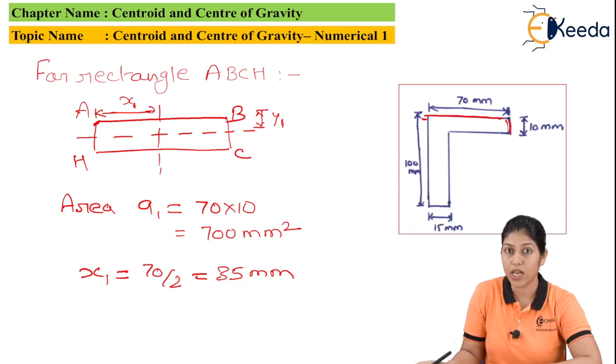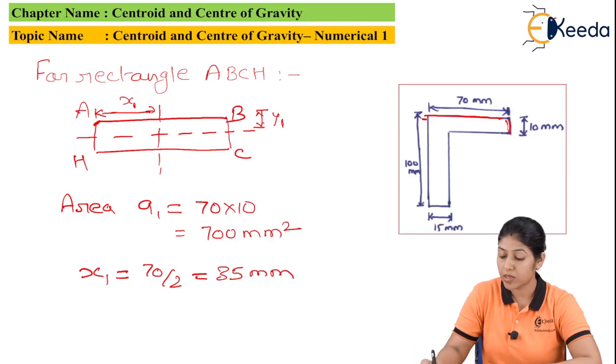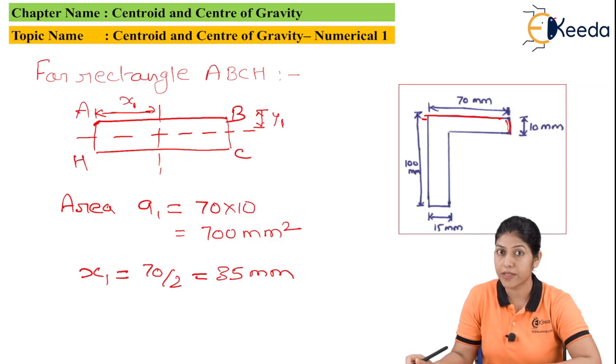This y1 we can find out by 10 mm divided by 2, because as per the concept of the centroid of a rectangle, we can find the value of the centroid by dimension divided by 2.